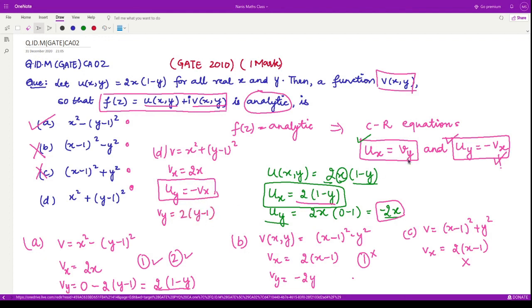Now is v_y equal to u_x? u_x is 2 into (1 minus y). So these two are not equal. So the second condition, u_x equal to v_y, is not satisfied in this case. Therefore, option D is also not correct. So the only correct option in this case is option A. Well, that is it for this video. Thank you for watching.